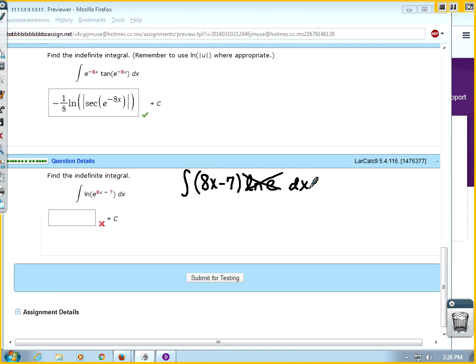Natural log of e is just 1, so you're really just, forgot my dx, integrating 8x minus 7. So that's 8x squared over 2 minus 7x plus c. So 4x squared minus 7x plus c.